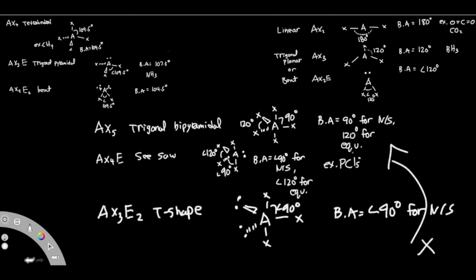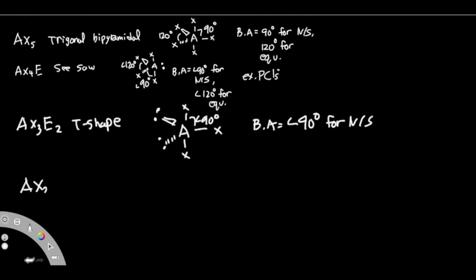Now let's look at one more subcategory. So there is one more. We have AX2, now it's going to be E3. So it's kind of like flipped. This is going to be called, surprisingly, linear. Let's draw it out. How is it going to look like? Well, we have our A. Now, instead of this one having a surrounding bonded atom, it's going to be a lone pair.